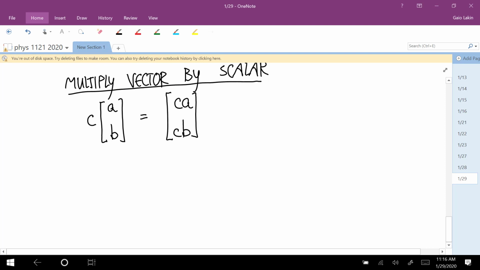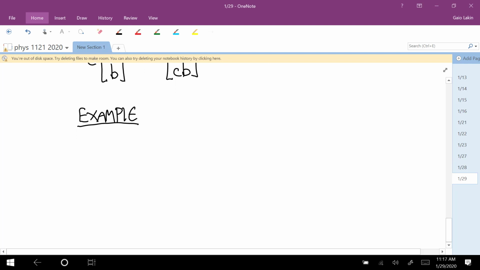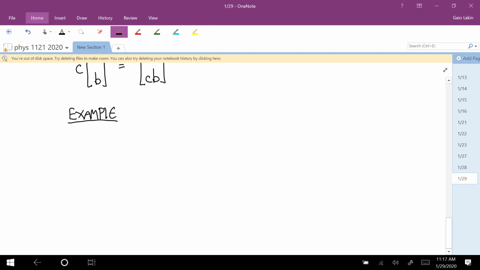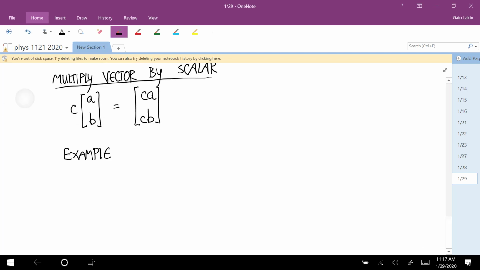Okay, so let me use these in a problem. So let's say we have a vector with a length of 2 that's straight up.